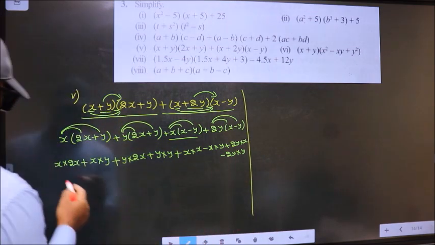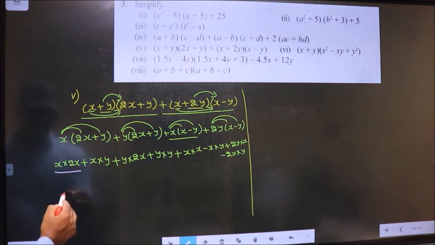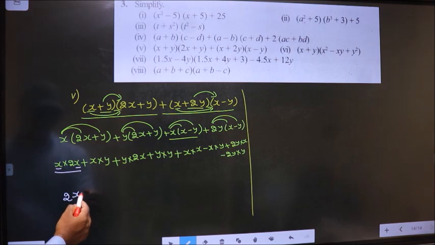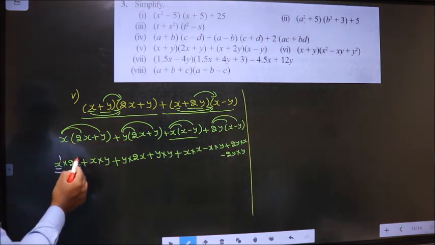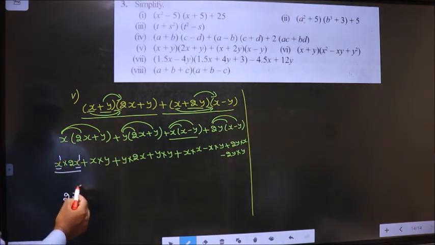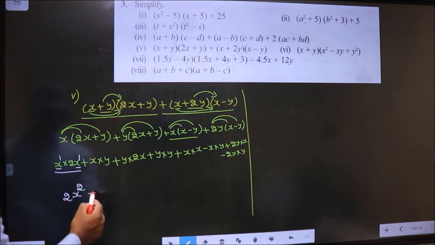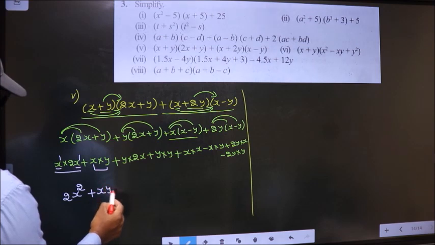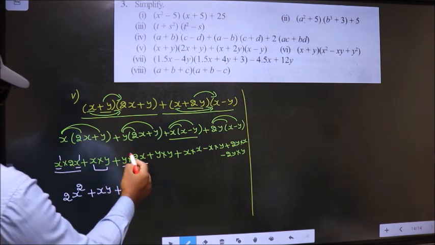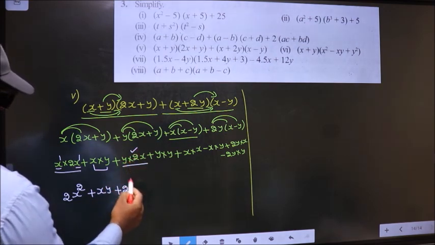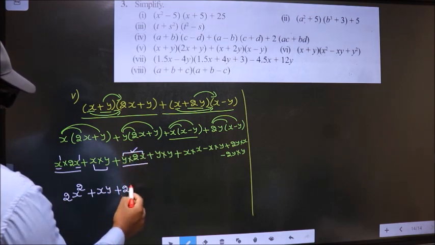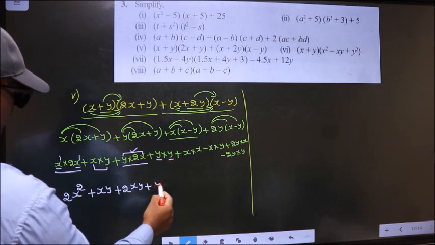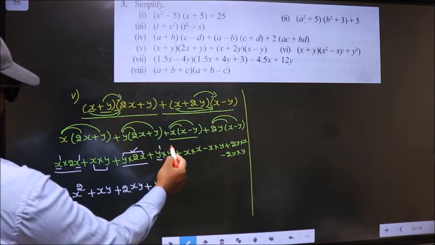Next, in this first we write the number 2. Now x, you write x and the power is sum of the powers. So 1 plus 1, 2 plus, here the letters are different, so you write as it is, plus in this number first 2. Letters are different, so you write as it is, plus y will result in y, power is sum of the powers.